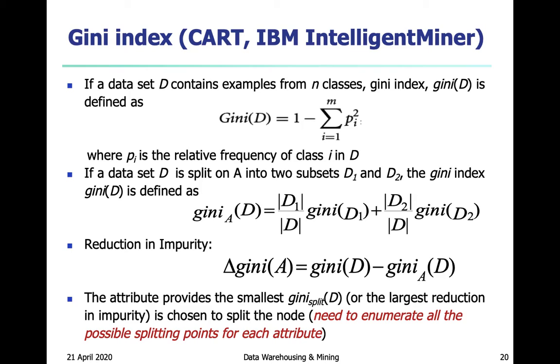From these 8 subsets, you can exclude the full set, low-medium-high, and the empty set, because they do not represent a split. So ultimately, there are 2 to the power v minus 2 possible ways to form two partitions of the data D based on the binary split.